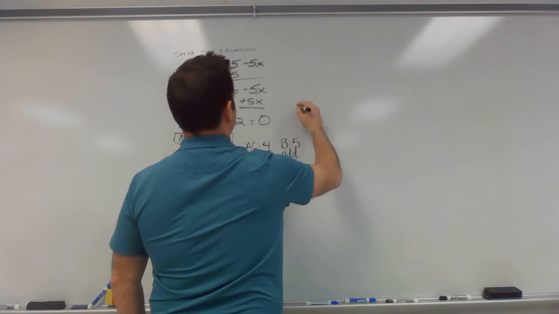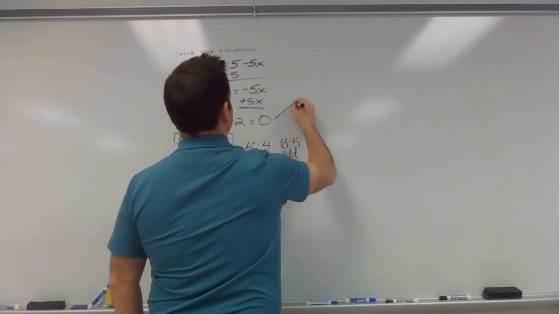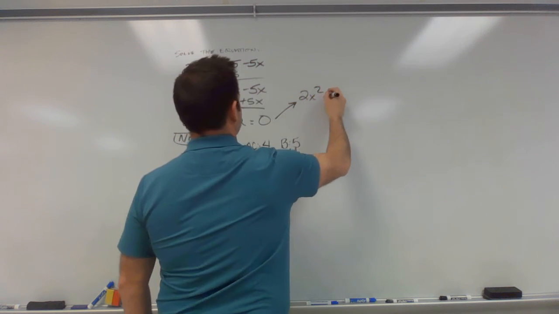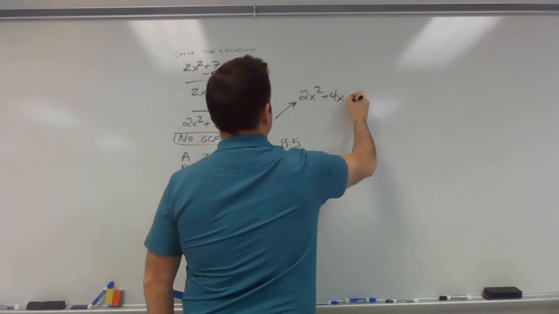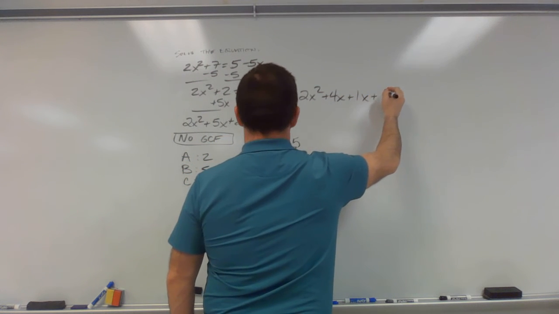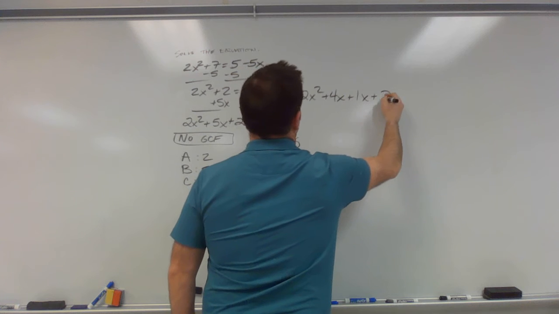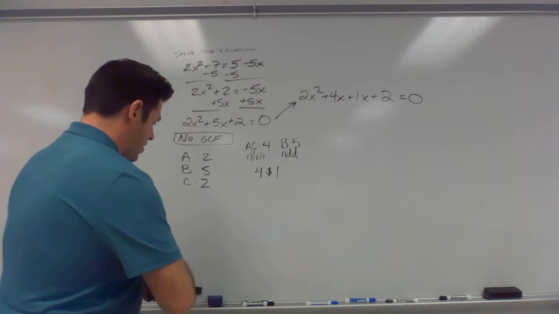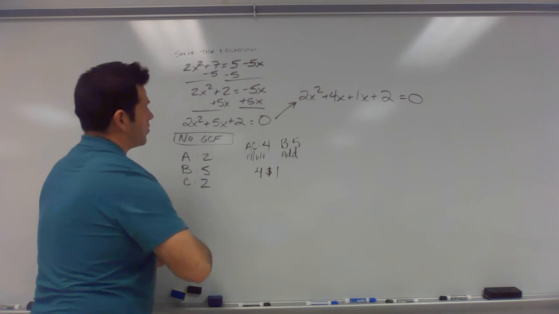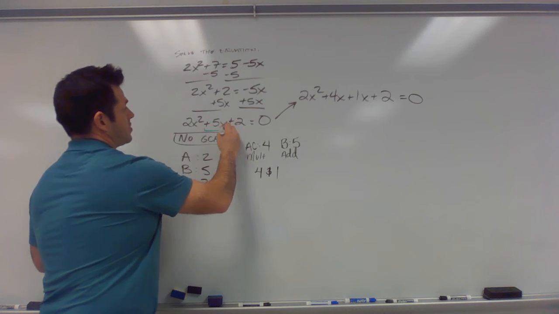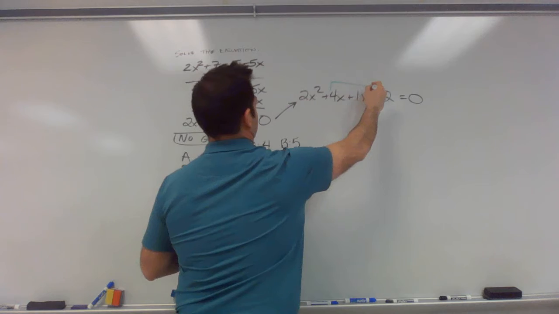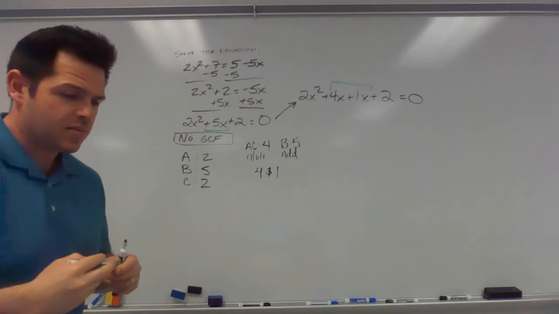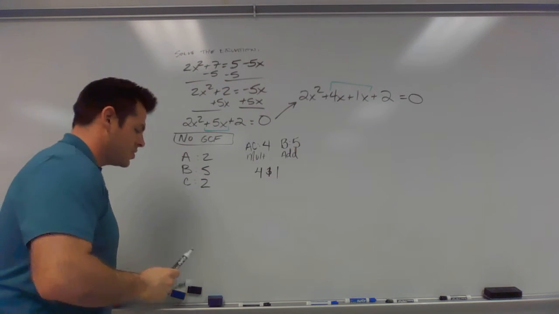So there's the 4x, there's the 1x, and on the back end I got a 2 as well. So again, nothing's changed in terms of mathematical basis here. This 5x and that 4x plus 1x, same exact values, just a different appearance.